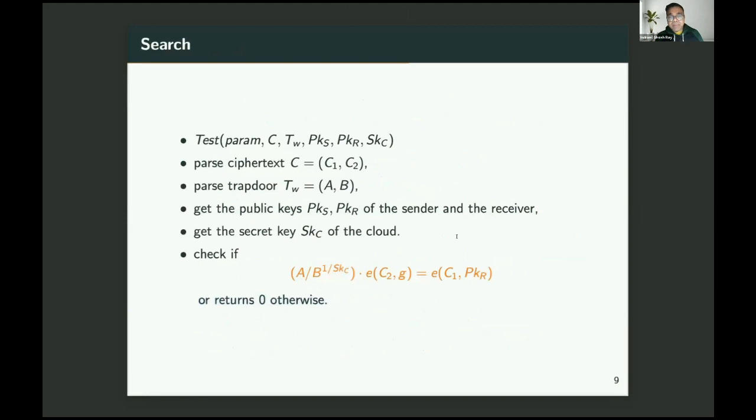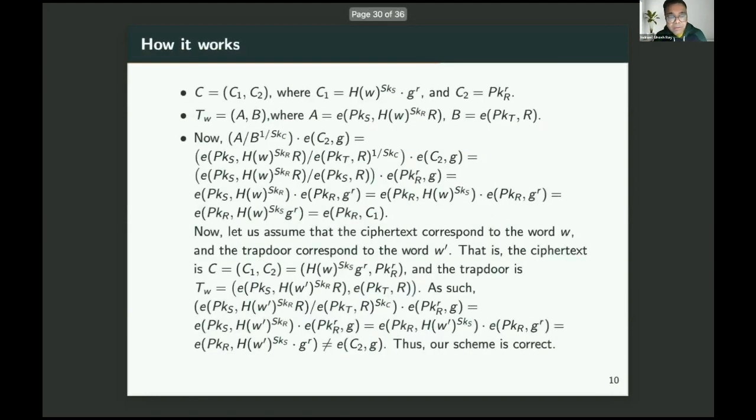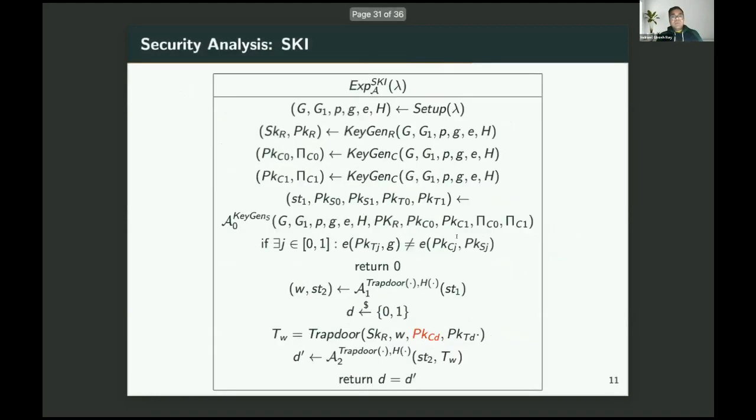Otherwise, it will not match. Now, the novelty is twofold: one is SKI, and one is UKI.